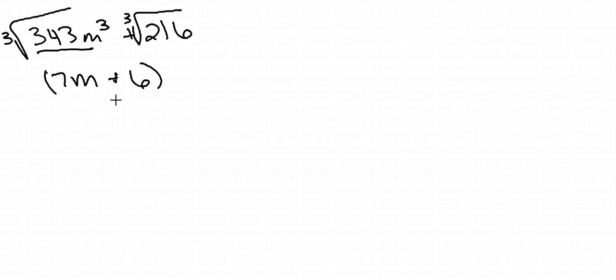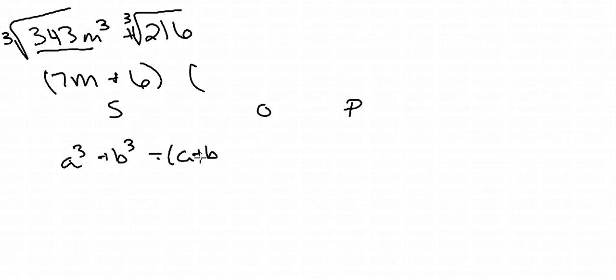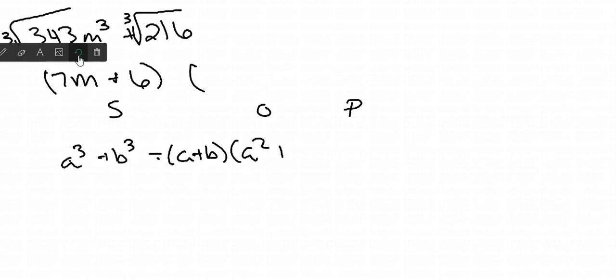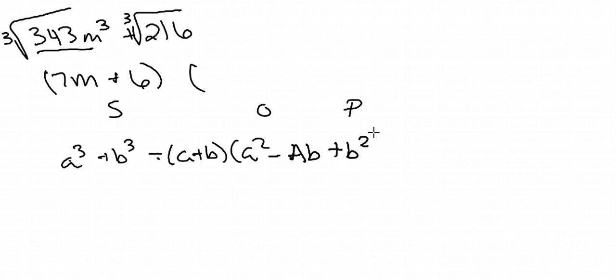So you have to do SOAP, same, opposite, always positive. The formula for it is a cubed plus b cubed is equal to a plus b times a squared minus ab plus b squared.